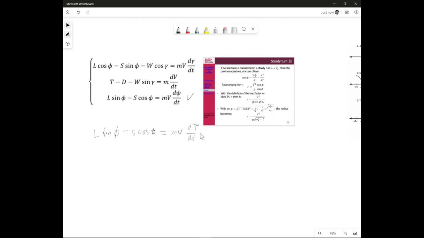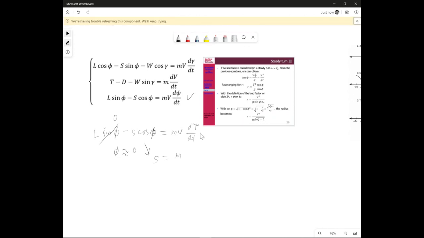Then if we have an uncoordinated turn, where the bank angle is 0, then sin phi is 0, because if phi is 0, then sin phi is 0. Then cos phi, cos 0, is obviously 1. So all you end up with is basically S equals mV d psi/dt.